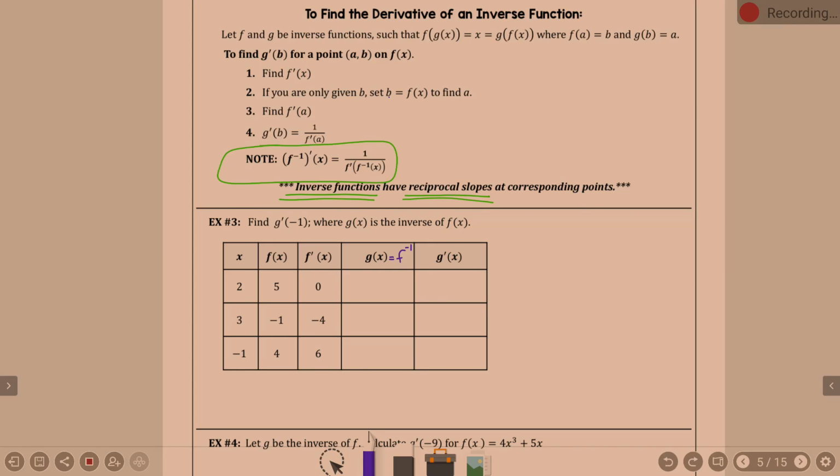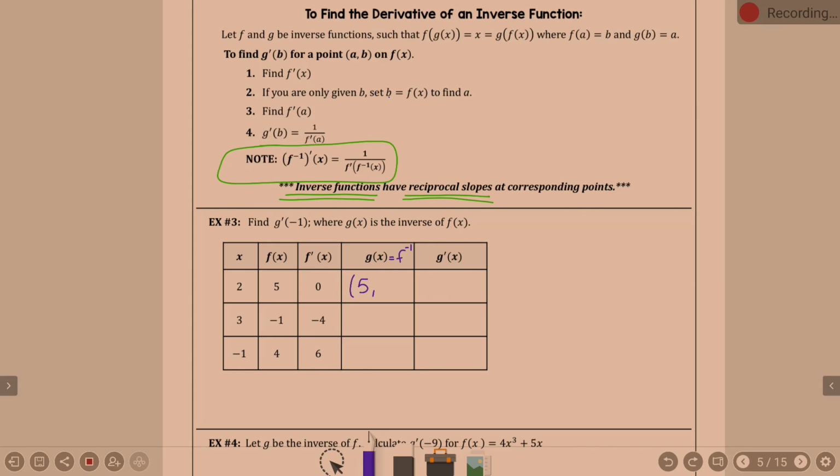Do we have to fill in all these boxes? We're going to fill in all the boxes. With f of x, it's the ordered pair 2, 5.